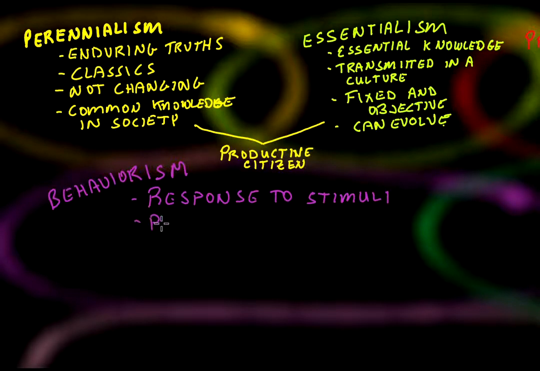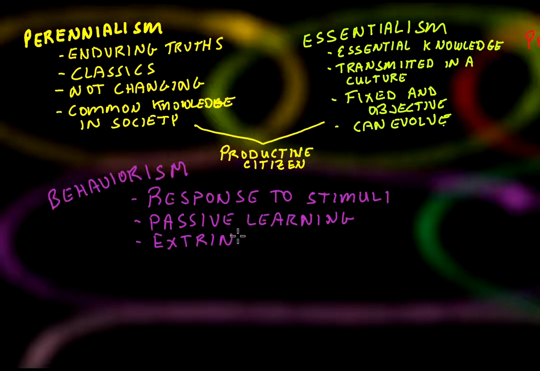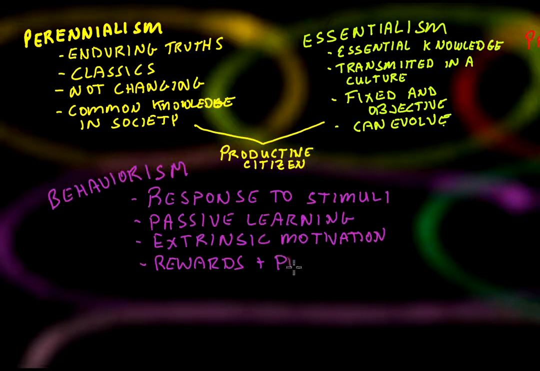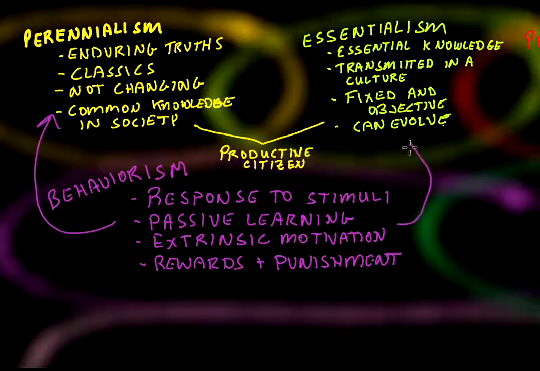This is B.F. Skinner. Therefore, learning is more passive, with the teacher transferring information to the learner and managing and motivating learning and behavior using extrinsic motivators of rewards and punishments. So rewards to increase a desired behavior or reward learning of desired content, and then punishment to reduce less desired behaviors.